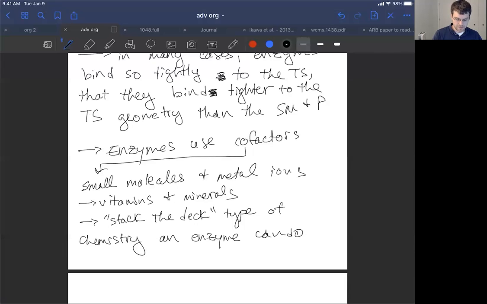Okay, so some examples would be PLP, NAD plus, CoA, biotin, SAM, ATP, GTP, all of these things work together.